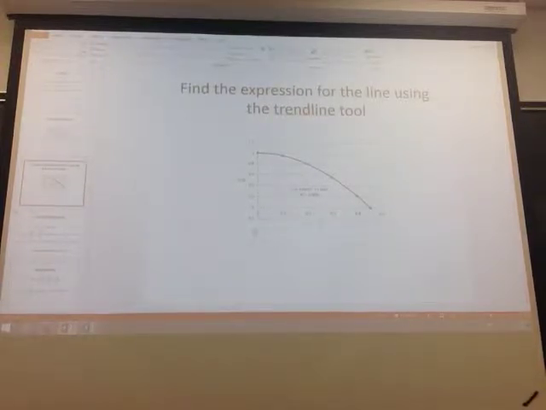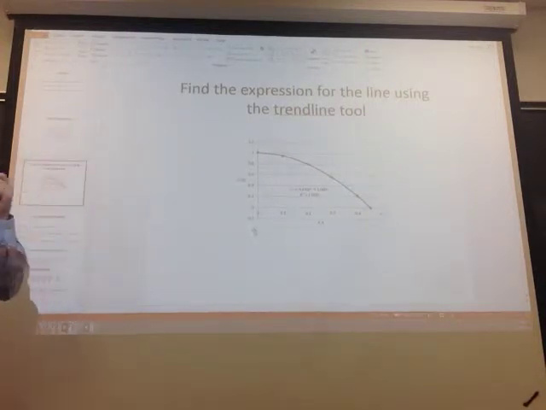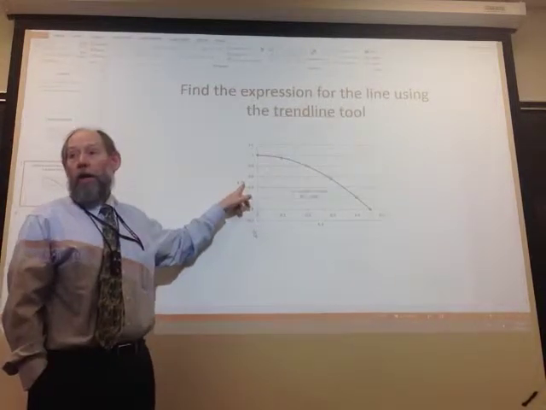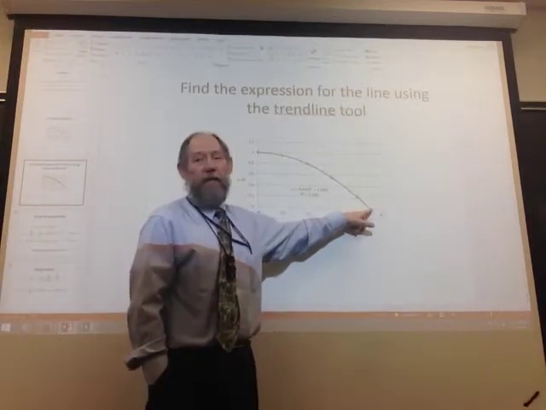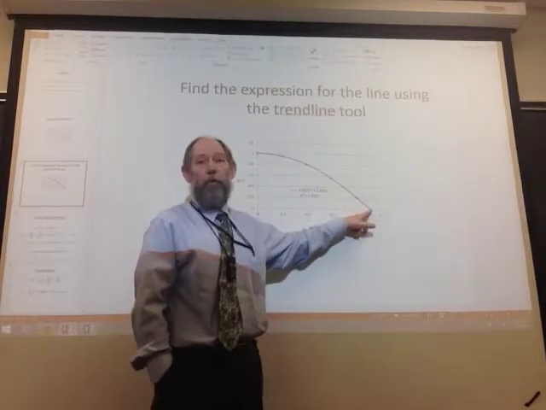It's the rate of change of position with respect to time. That's a derivative. The change in height with respect to time is the derivative of y. The slope of the line at that point is the derivative of this curve at that point.